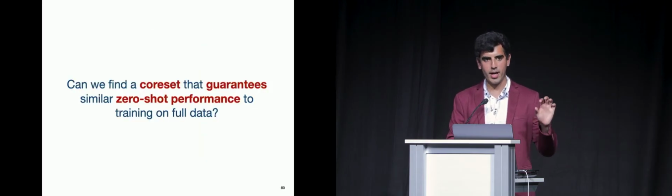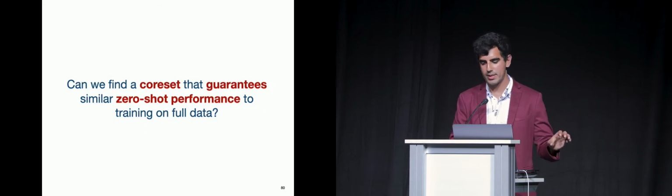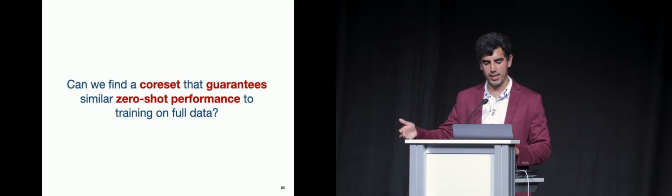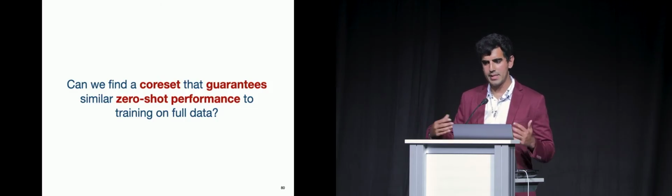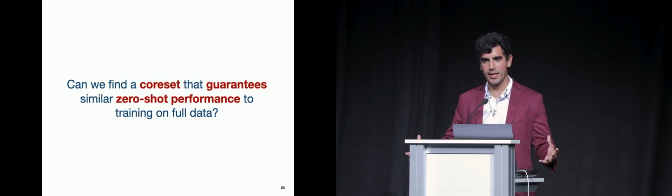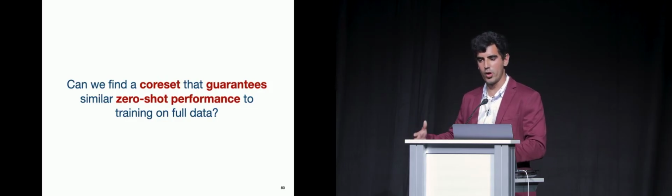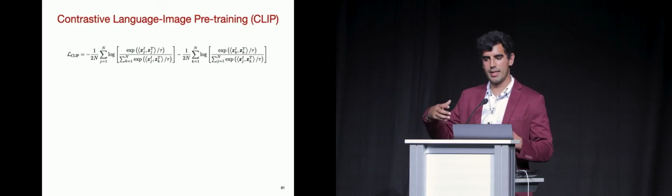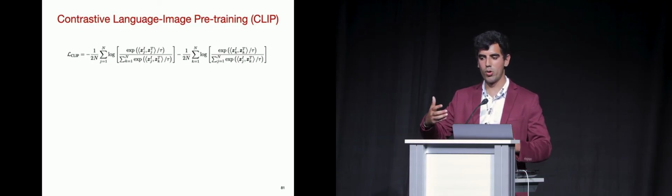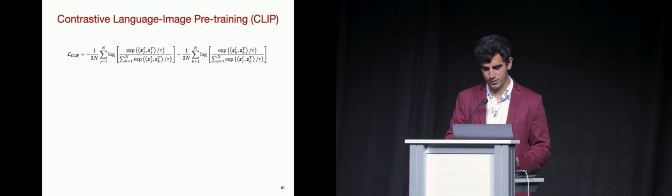Contrastive learning is 10 times more expensive, but CLIP, multimodal contrastive learning, can be up to 400 times more expensive. This is because of the large volume of data you need to train a good image and text encoder that can generalize zero shot to many different tasks.